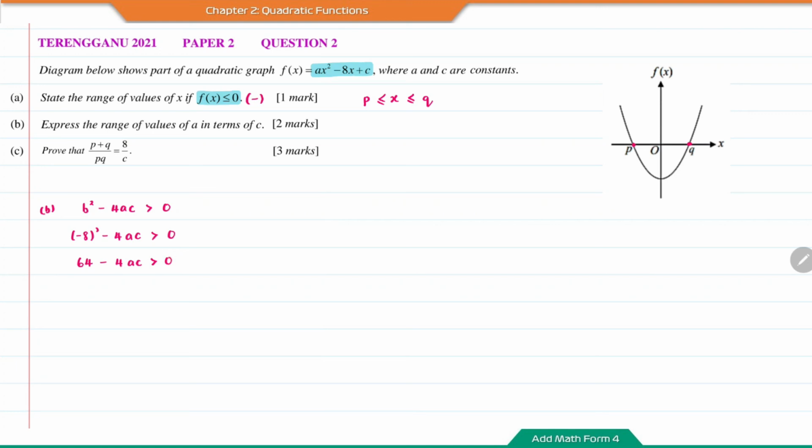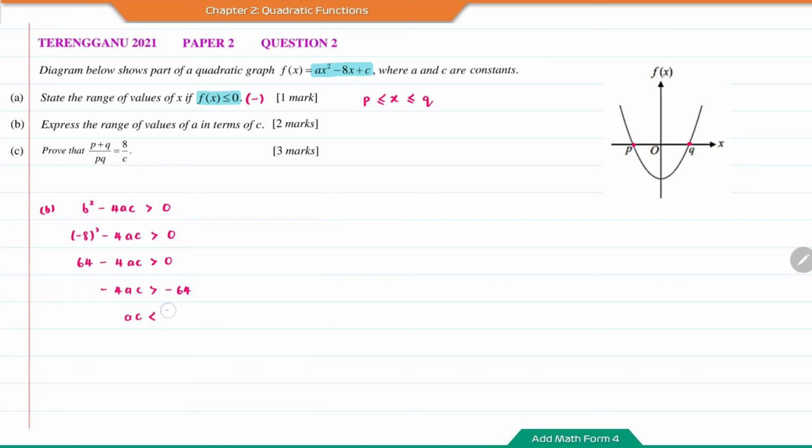So I want to express the range of the value of a in terms of c. So I'm going to move this 64 to the other side. It's going to be negative 64. Then I'm going to move the negative 4 to the other side, so it's going to be negative 64 divided by negative 4. Don't forget, when you divide with a negative number, the inequality sign will be reversed.